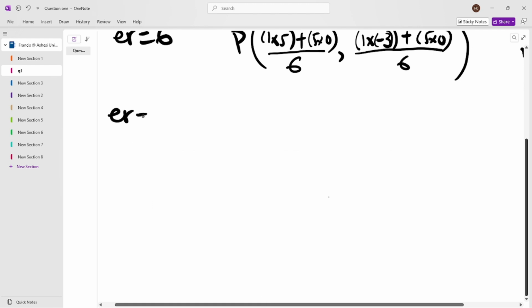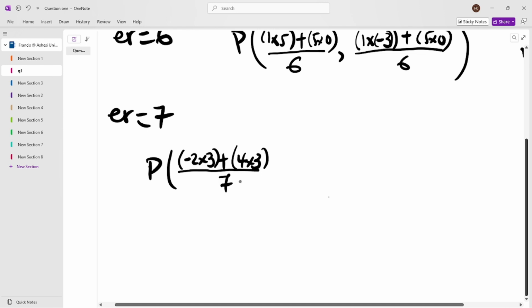So you say effective ratio is 7, right? Continue. So we will have P into bracket our first fraction with the numerator negative 2 times 3 plus 4 times 3, all over 7.